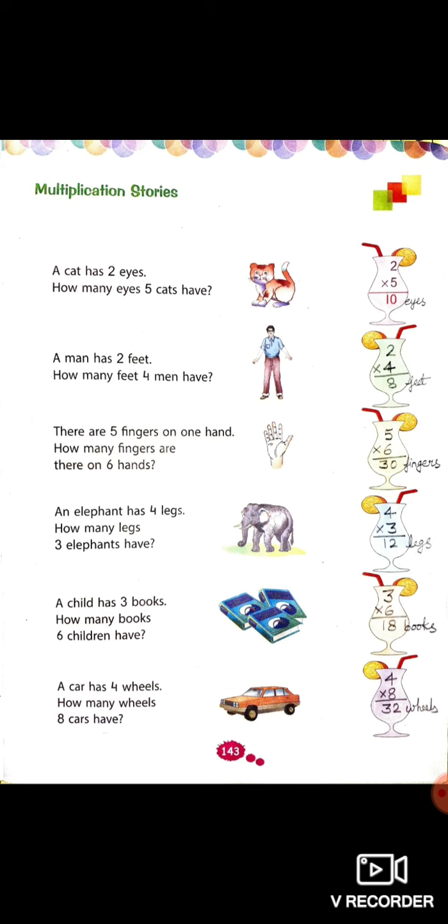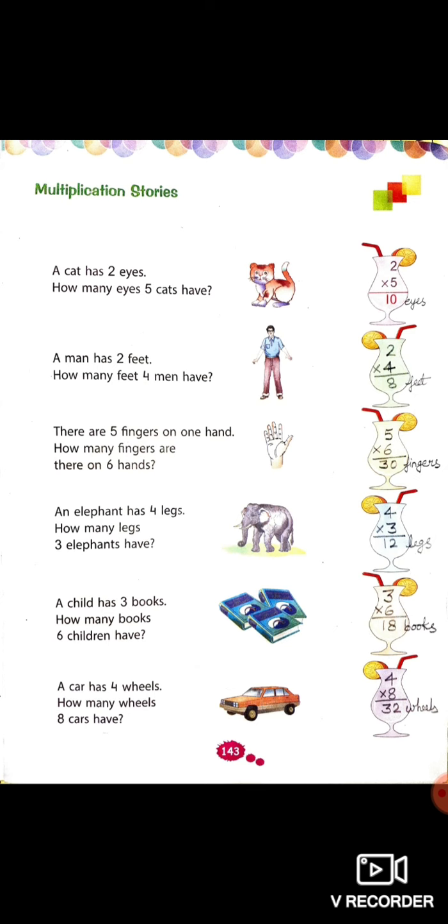Alright. Now let us see another problem. You can see a man standing. So a man has 2 feet. You have also heard this word feet in the previous lesson, that was measurement. This is the information given to you.